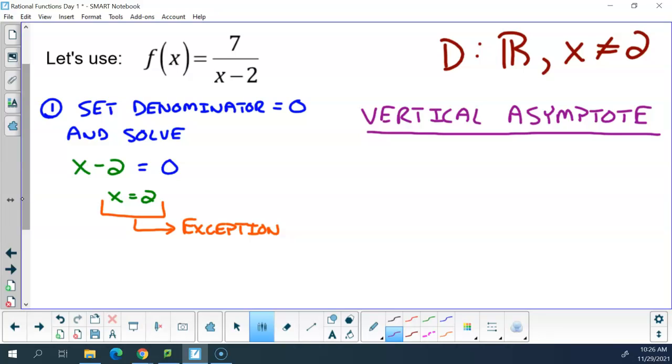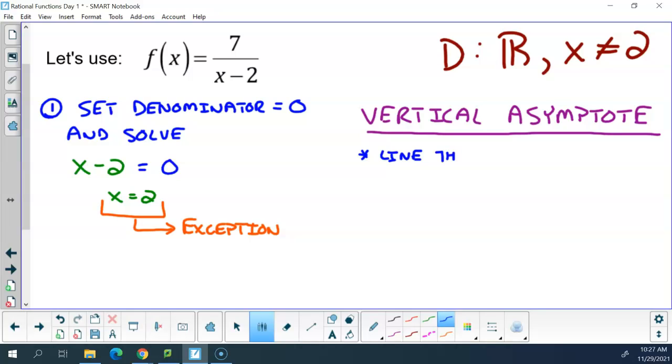Okay? So a vertical asymptote is a line, right off the start. All of your asymptotes are lines, okay? Which means they need to have line equations or linear equations. Okay?